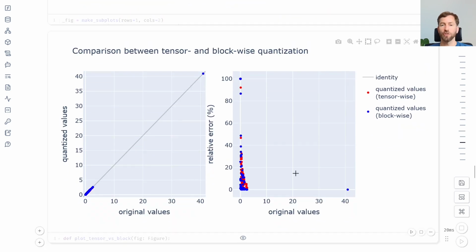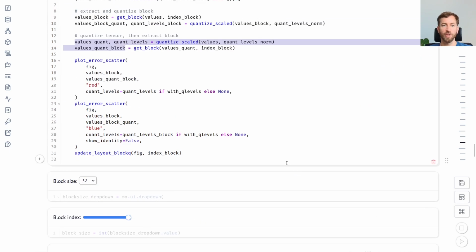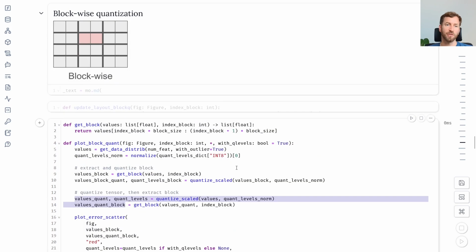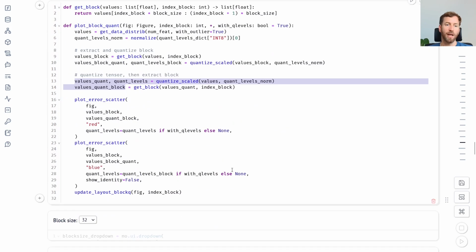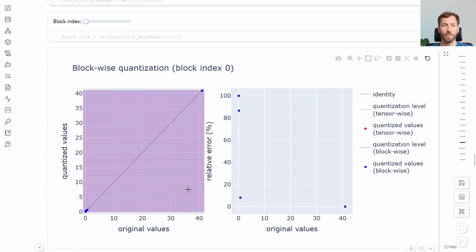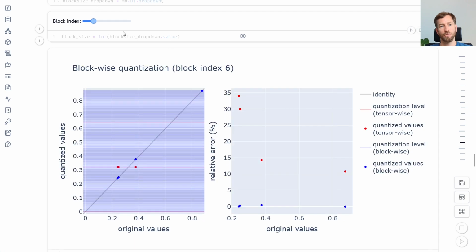How can we further reduce the relative error? Of course, we can further reduce the impact radius of the outliers by reducing the block size, for example, to 4. Again, for the first block, we don't see a difference. For some arbitrary other block, we see that the relative error is very small compared to the reference of tensor-wise quantization.